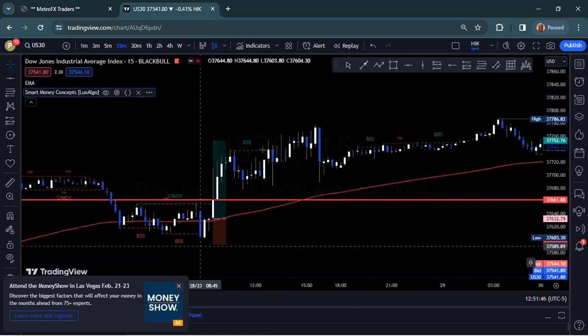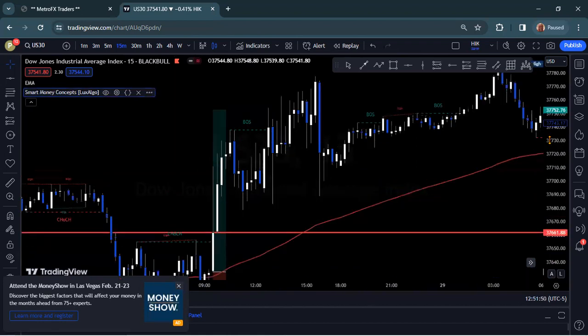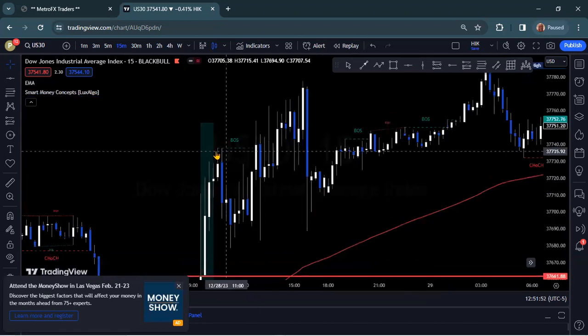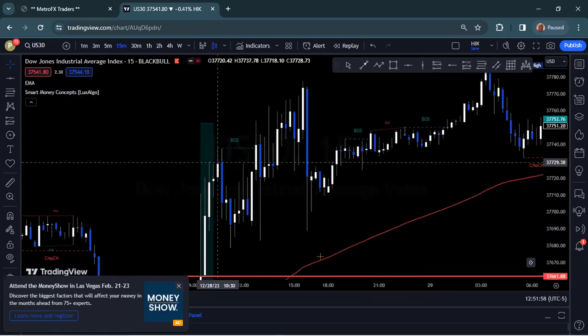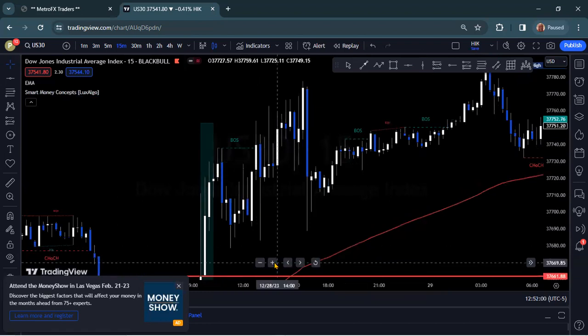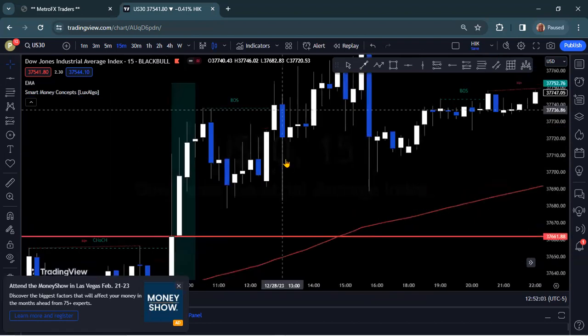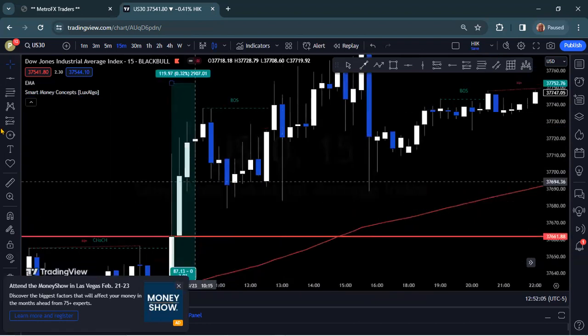So whenever you see a break of structure, quick tip: like you saw this break of structure, this candle was higher than the previous white candle over here. Just know that it's going to pull back. It's got to pull back and come down to these levels here.